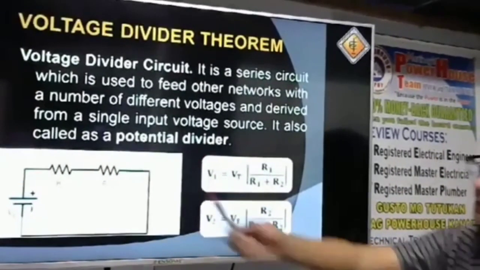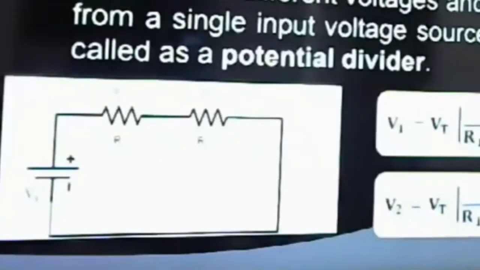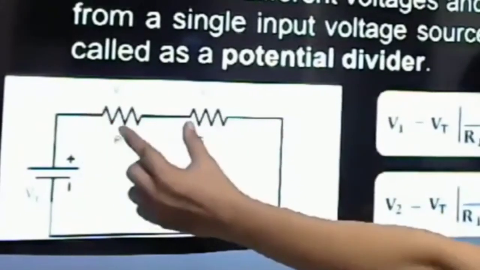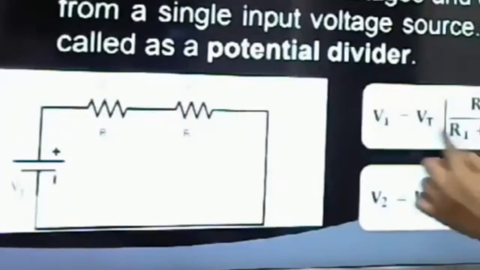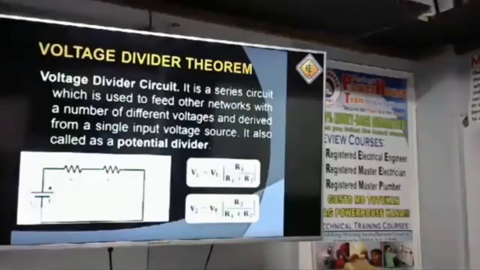Okay, so we have a basic example, two resistors in series. So we have R1 and R2. To calculate V sub 1, the voltage drop across R1, how did we get this equation? Take note that our I1 is equal to I total.